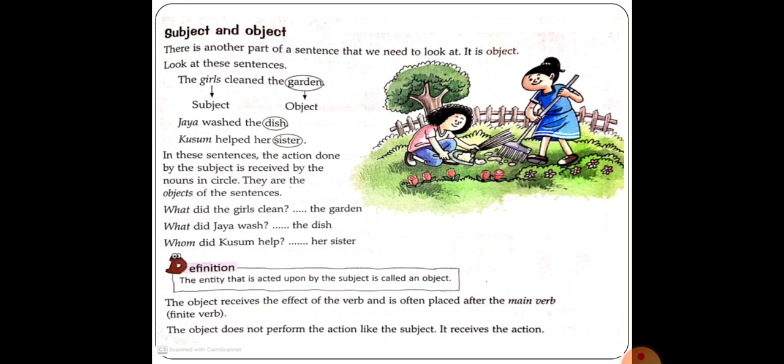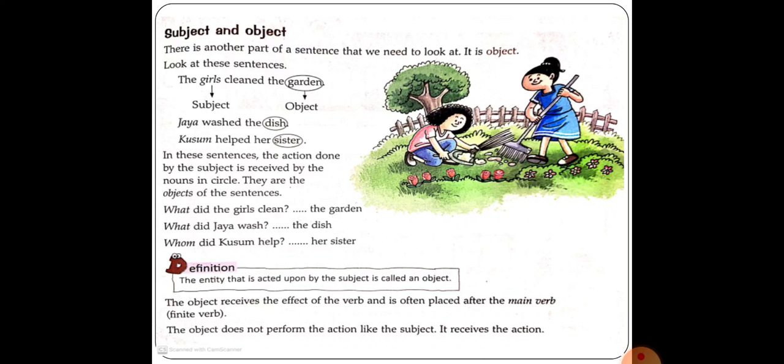So the definition is, the entity that is acted upon by the subject is called the object. The object receives the effect of the verb and is often placed after the main verb. For understanding this, you can have an example. Sita is doing the work.